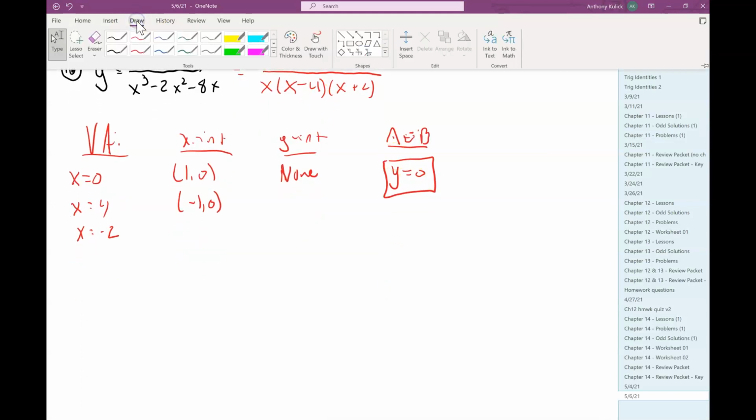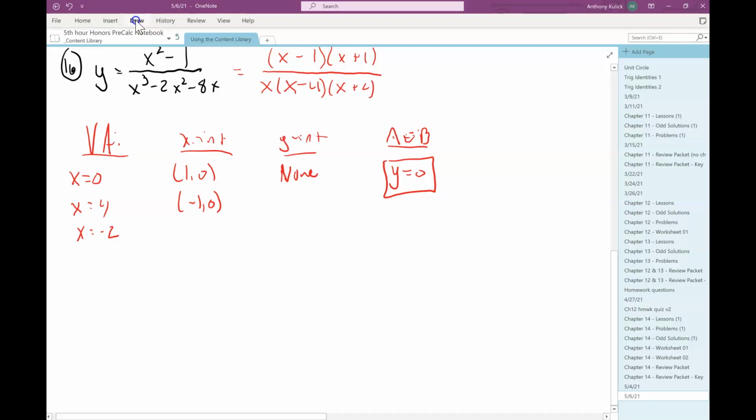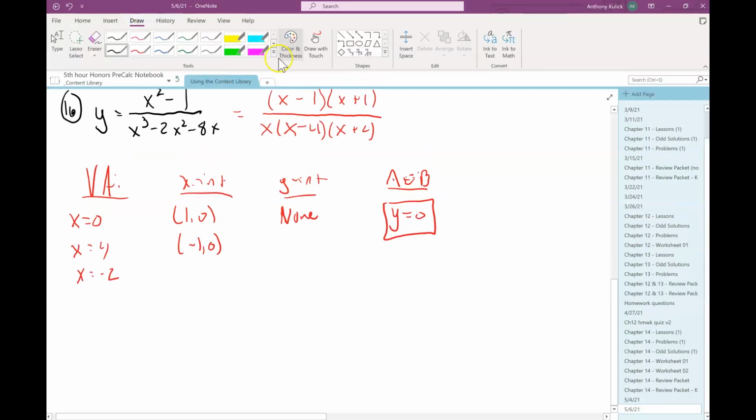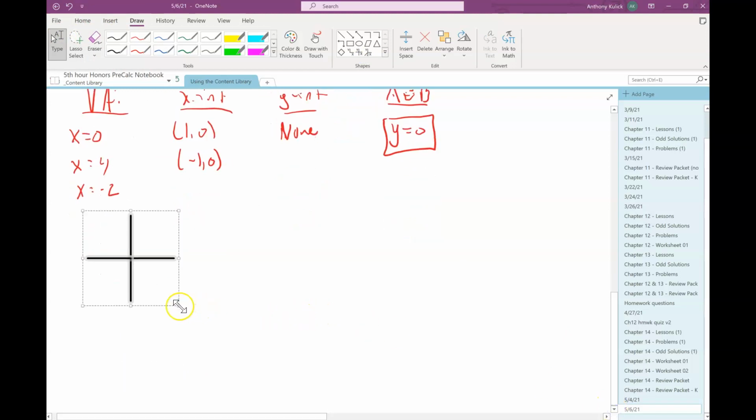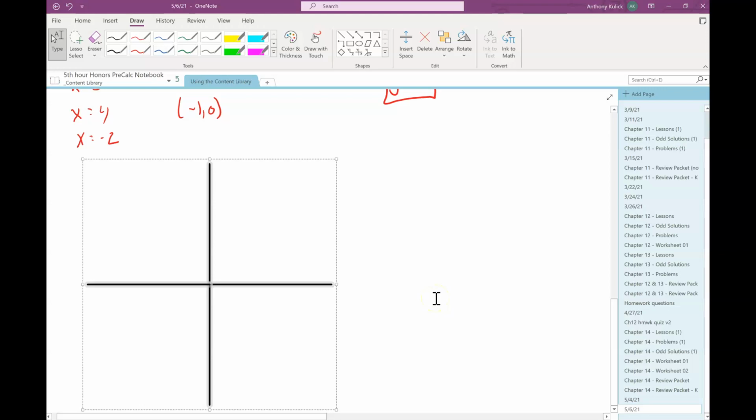So it's time to start putting the graph together. Now on this one, I almost certainly will have to do some limit checking, because we have a lot of asymptotes going on there, but that's okay.